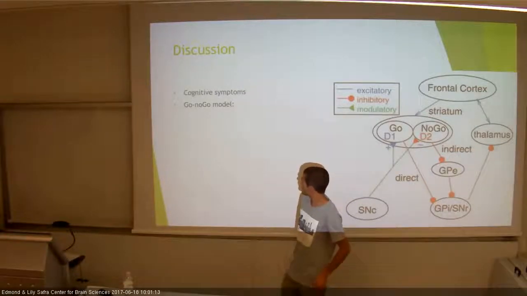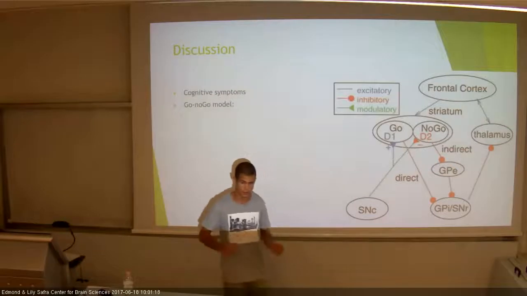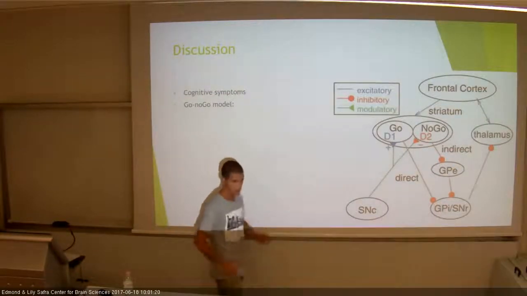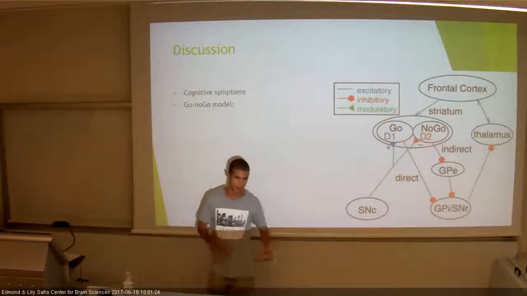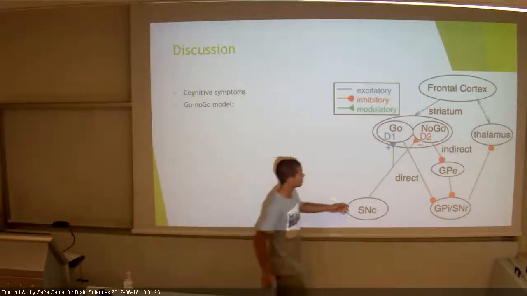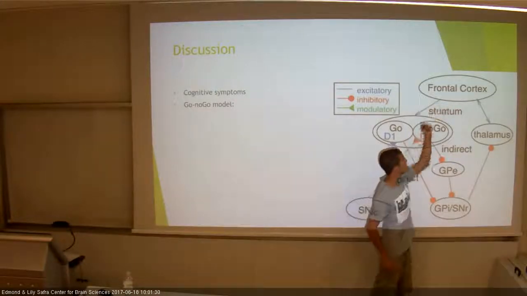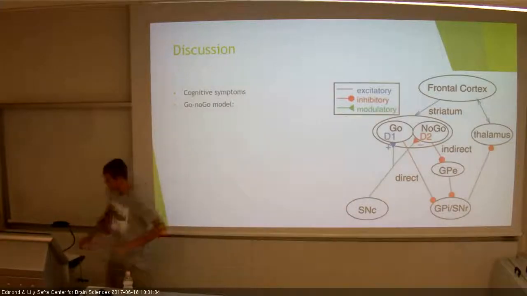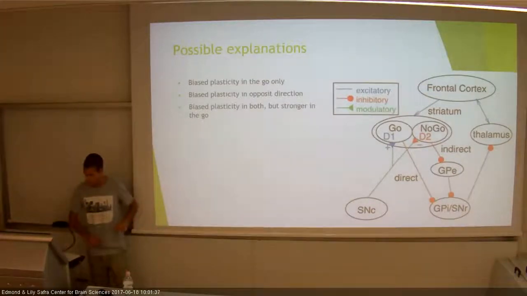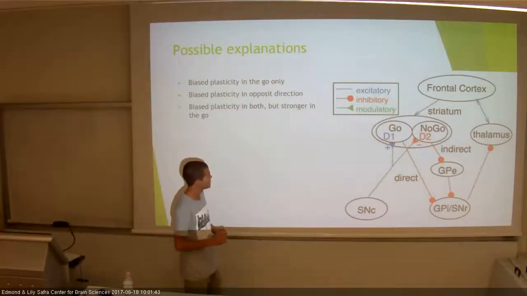Third, let's very briefly fit the results to the go/no-go, the direct-indirect model that we talked about. The go/no-go is another name for the direct and indirect pathways, which are activated by input from the cortex and modulated by dopamine from the substantia nigra. I want to have some time for questions, so we will do it quickly.